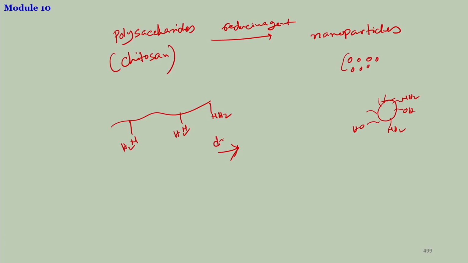If you have a drug that has a free carboxylic end, you can attach it, you can synthesize an amide bond using the peptide chemistry, and that can be your drug. So, you can attach a drug to your chitosan and then your drug will be taken into the cell.